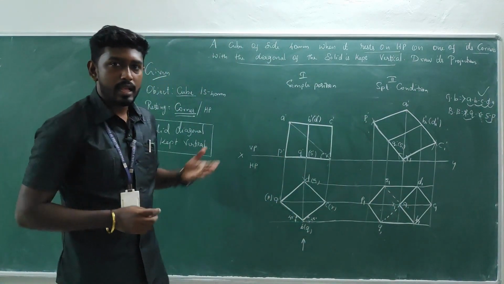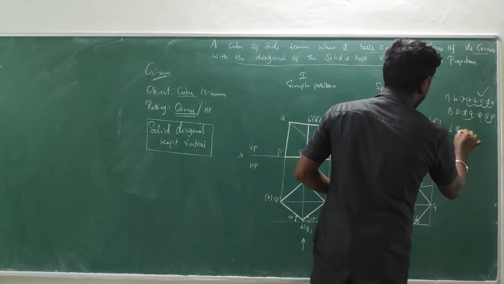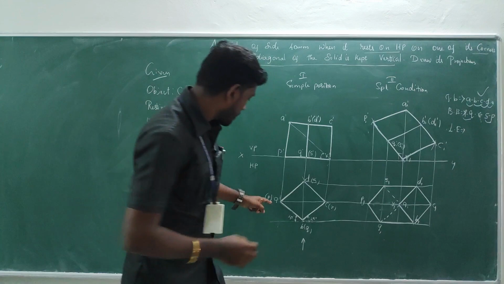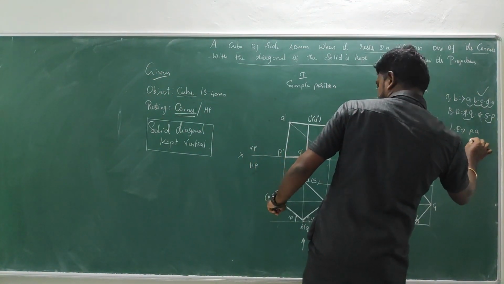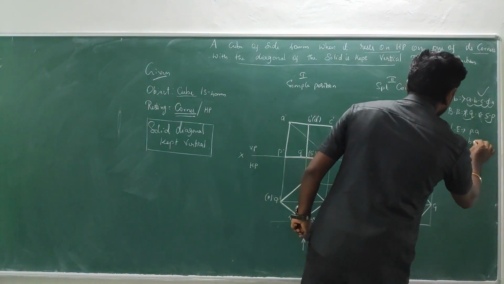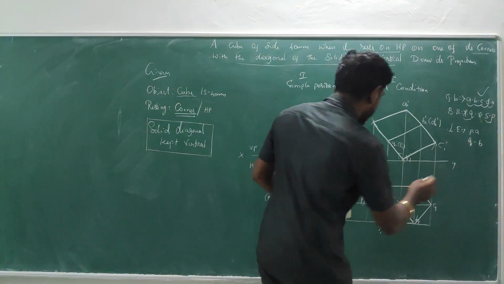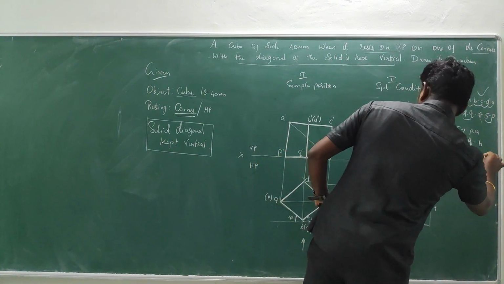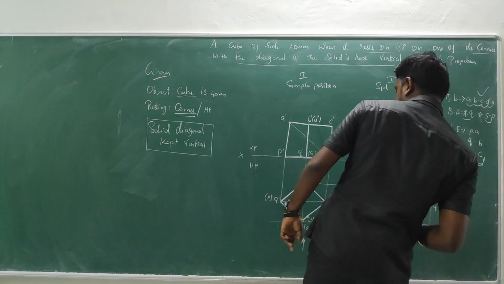And next, the longer edges. Here, P to A there is a connection, Q to B there is a connection, then R to C there is a connection, then S to D there is a connection, am I right?